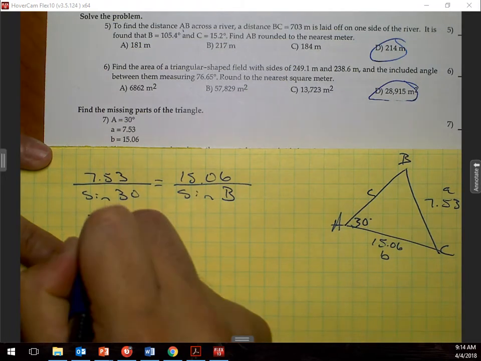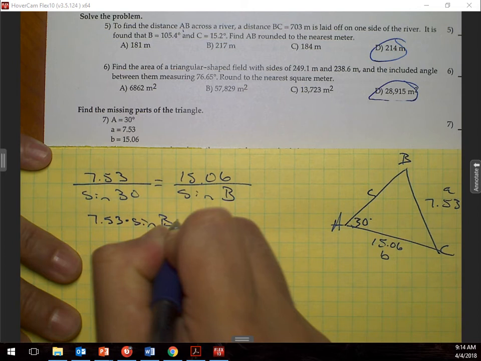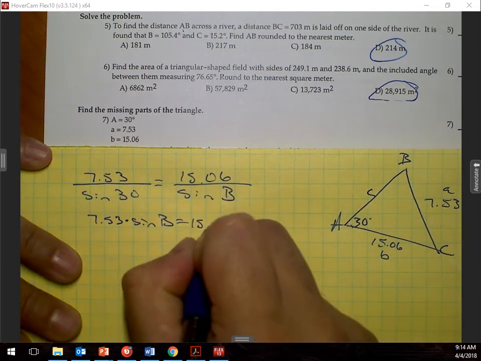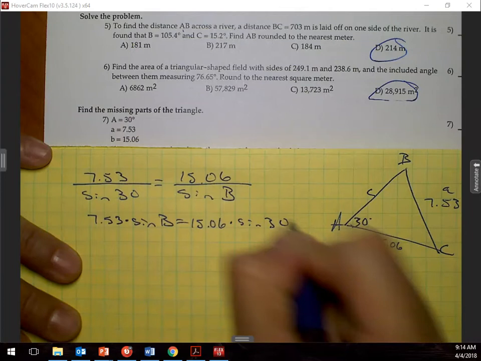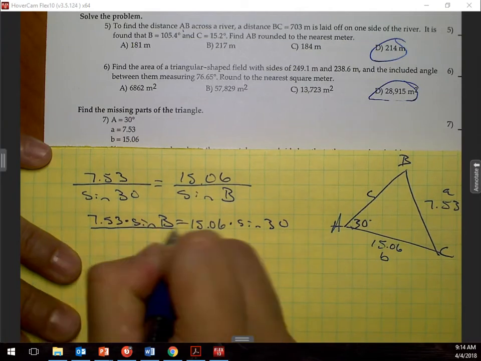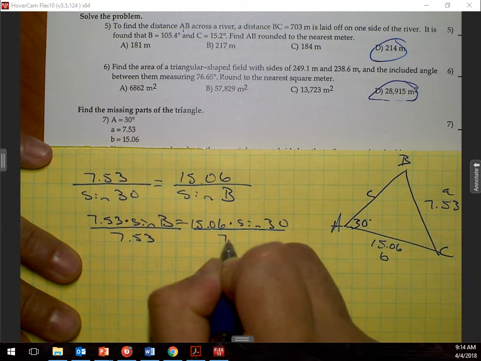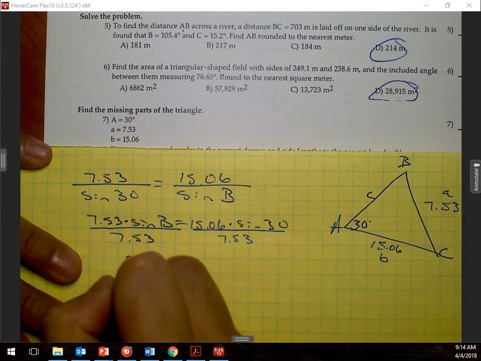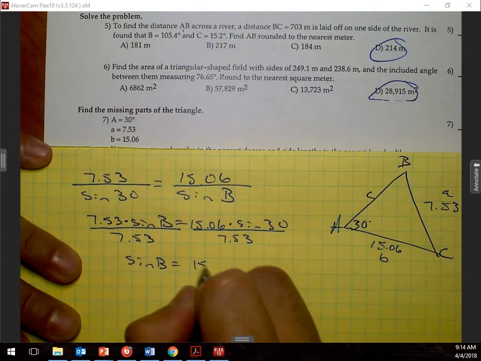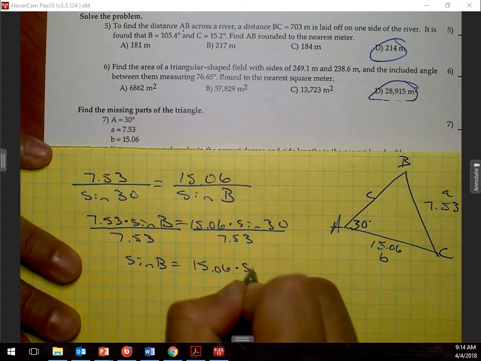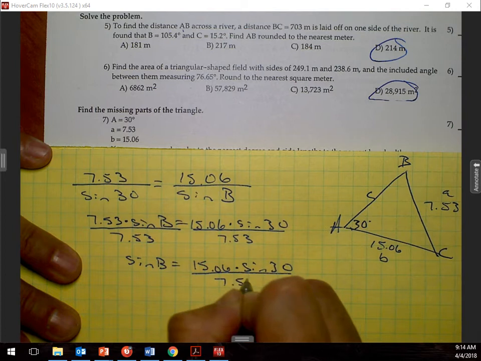So 7.53 times sine of big B is equal to 15.06 times sine of 30. Divide both sides by 7.53. So sine of B is equal to 15.06 times sine of 30 over 7.53.